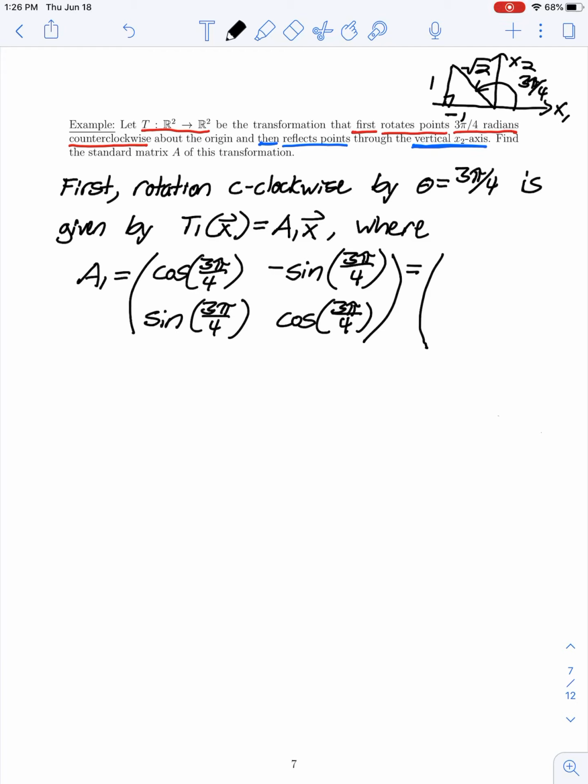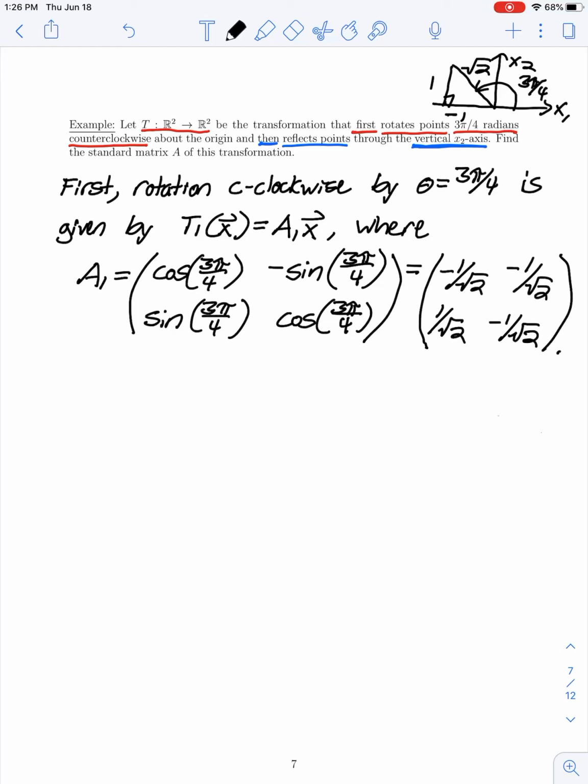So cosine of that angle is going to be negative 1 over root 2. Sine will be 1 over root 2. So then the negative of sine of that angle is negative 1 over root 2, and cosine is, again, negative 1 over root 2.